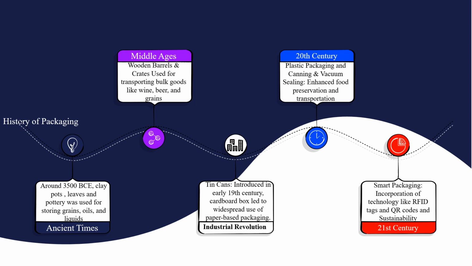Therefore, we are using bioplastics, which are made from plant materials, and paper-based products to reduce the environmental footprint. Smart packaging was developed in the 21st century.